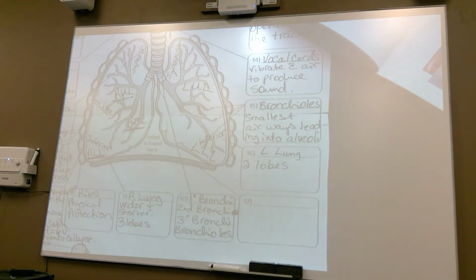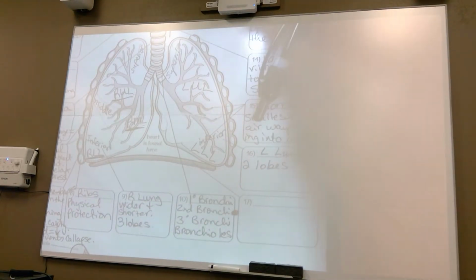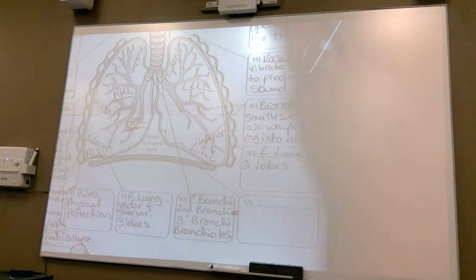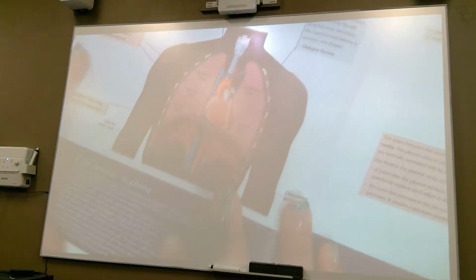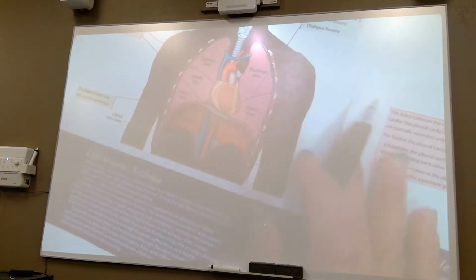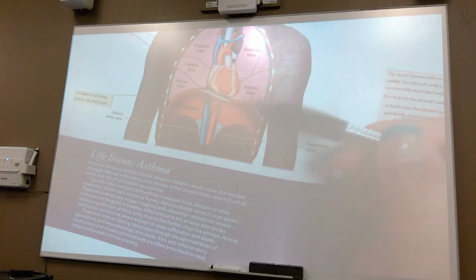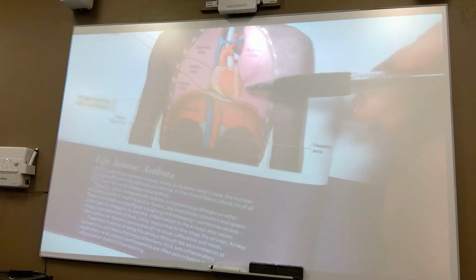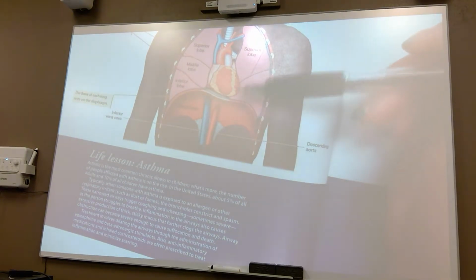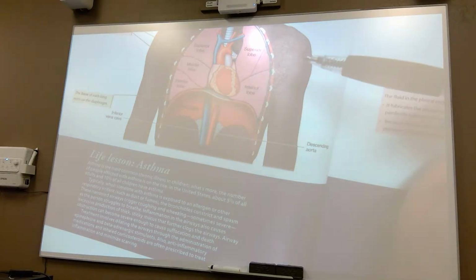We said it's a little more narrow than the right one. If you're looking on page 342, you can see the lungs. You can see that superior, inferior. So why is it a little more narrow and pushed over? Because of the heart sitting right there in the middle.